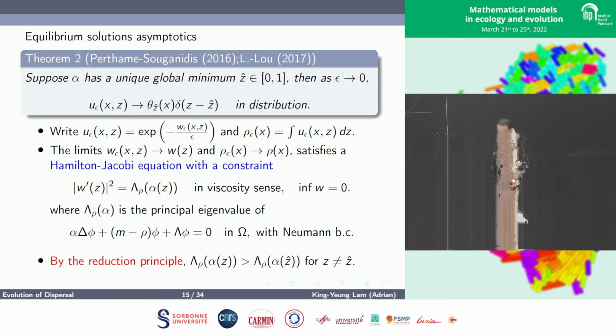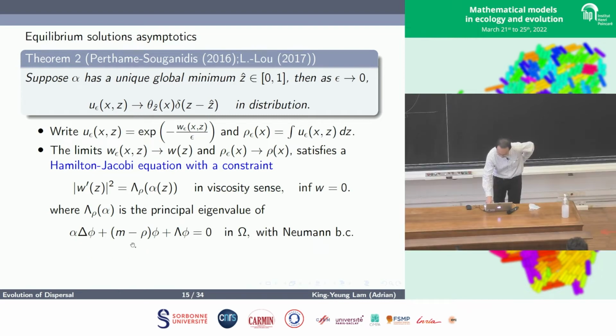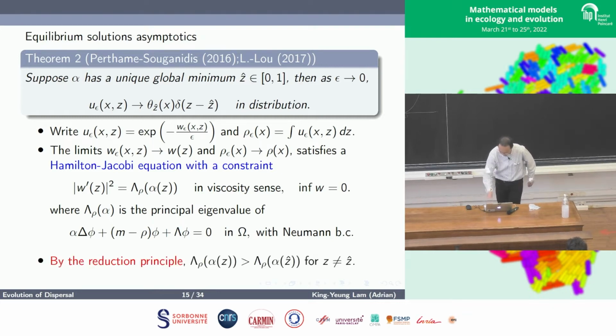However, if you look at this Hamilton-Jacobi equation, it is satisfied by W and rho. Both are unknowns. Does it determine W, and does it determine rho? Here the reduction principle plays an important role again, as in the Dockery results. We don't have much information on rho; right now we know it's a function and that it exists.